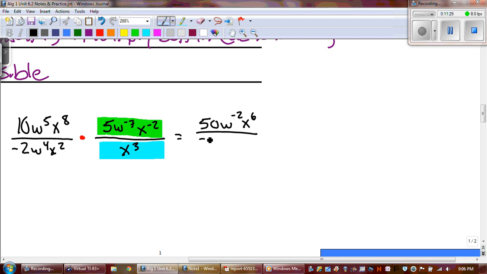On the bottom, we still have negative 2, w to the 4th, x to the 5th, because we got 2 plus 5. Okay? So now I've got a negative exponent. I'm going to drop it like it's hot. That's the only thing I'm going to do.